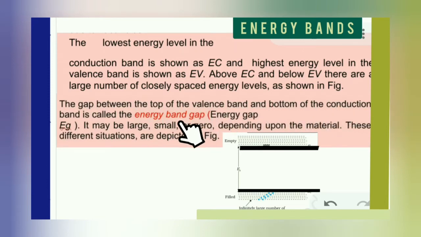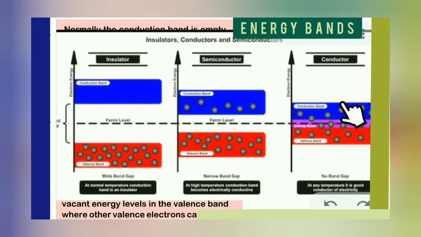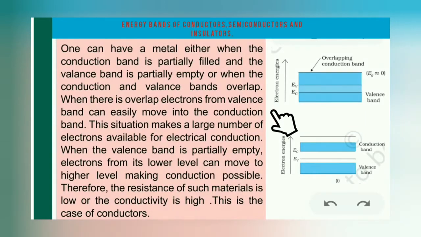The gap between the top of the valence band and the bottom of the conduction band is shown in the energy band diagram. You can see that in conductors, the valence band and the conduction band overlap. In semiconductors, the gap is small, but in the case of insulators, the gap is large. Now we can differentiate conductors, semiconductors and insulators on the basis of the energy band diagram.